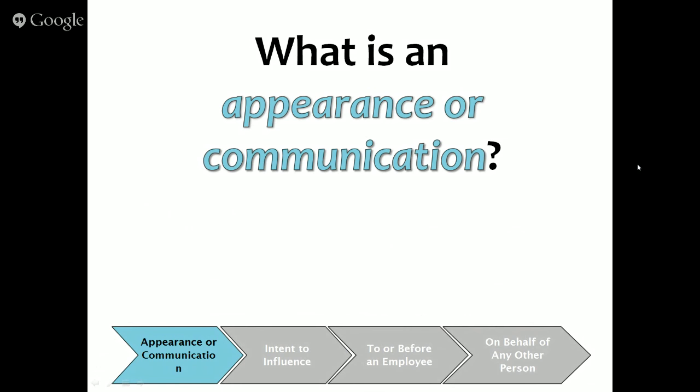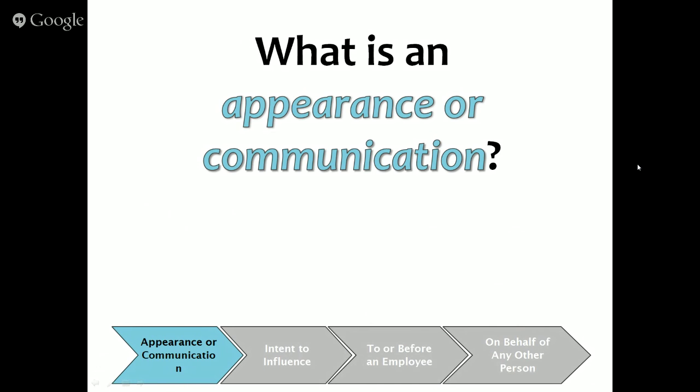So if we look under 2641.201(d), okay, if we start with communication, now notice we're saying appearance or communication. So clearly these are two distinct things, okay?